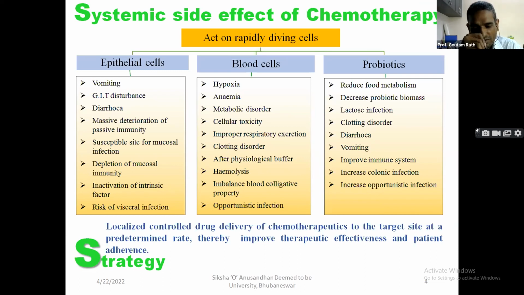And actually the history of nanofiber is very recent, because in 1908 the concept of nanofiber was launched by one scientist.